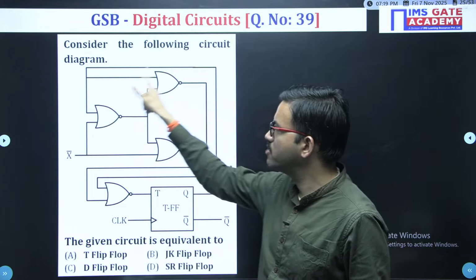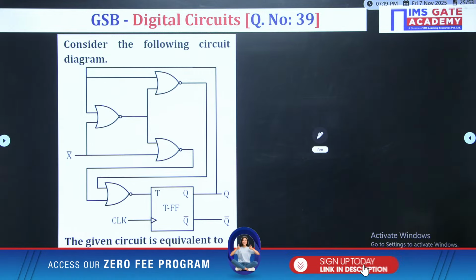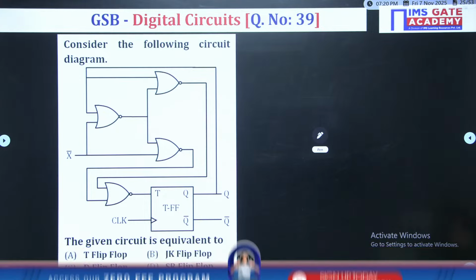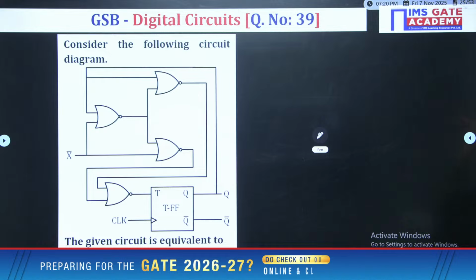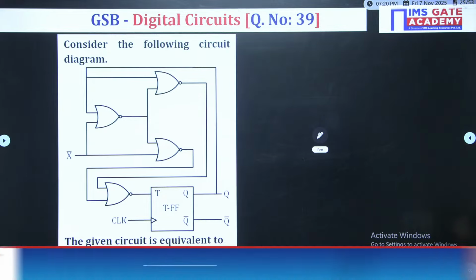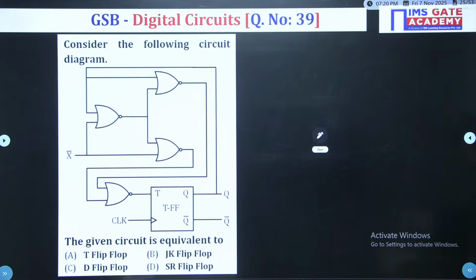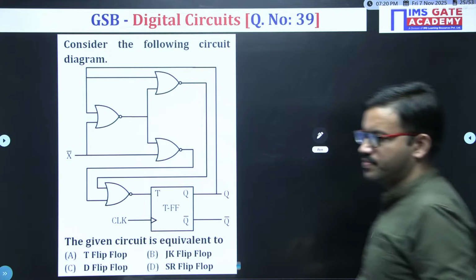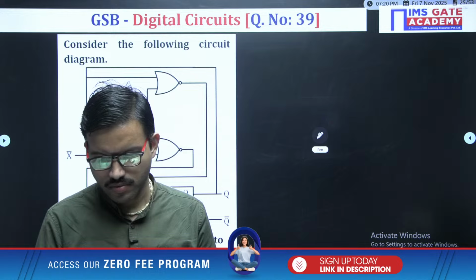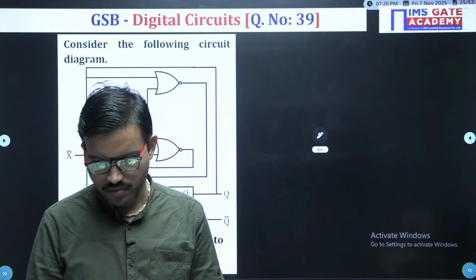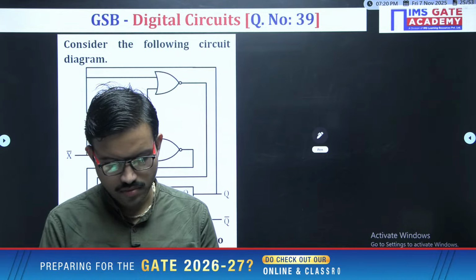Whatever four NOR gates you have here, this whole configuration is nothing but which logic gate? All of you give a try.